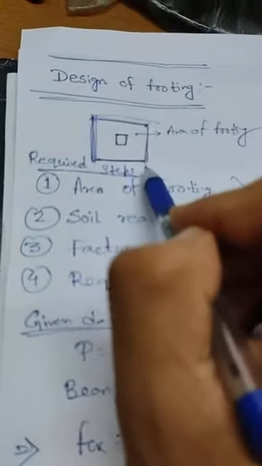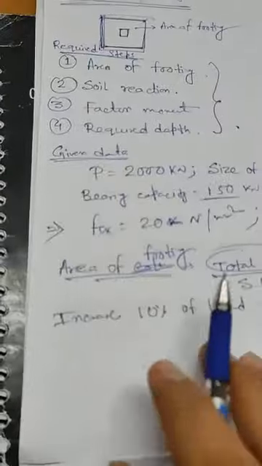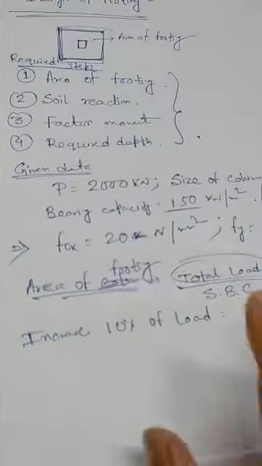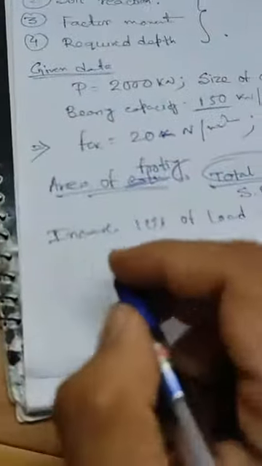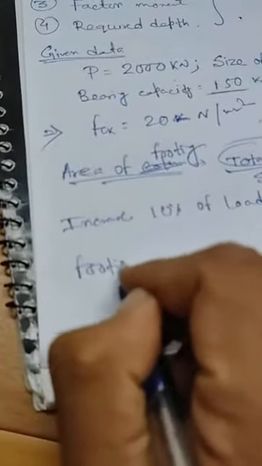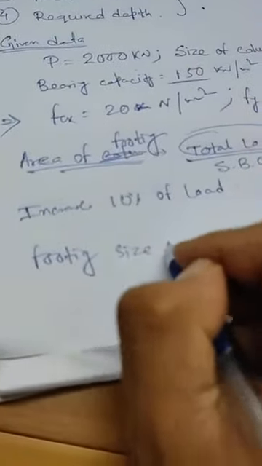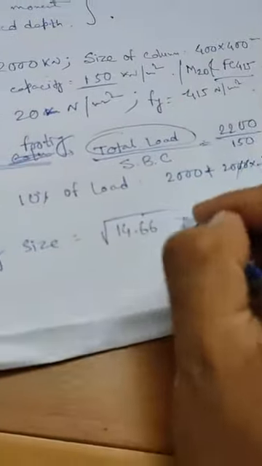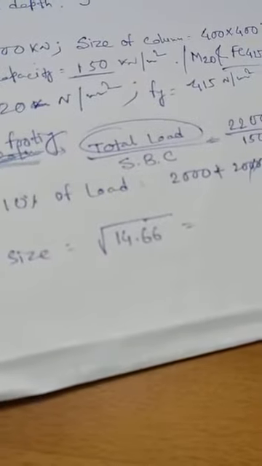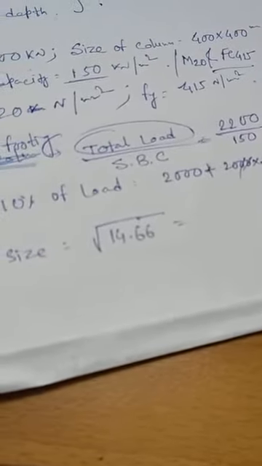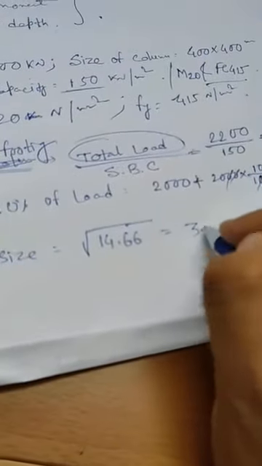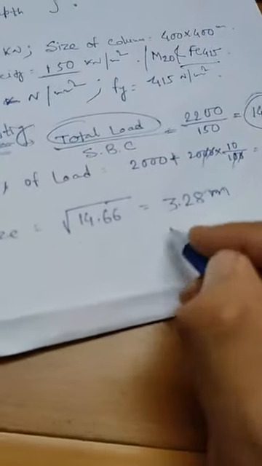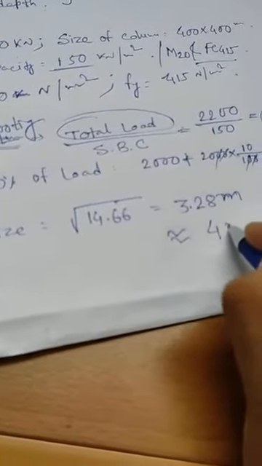Okay, that is 14.66. Now this is a square footing, so from there we can calculate the side of the footing. So footing size would be root over 14.66, which is approximately 3.28 meter. Okay, 3.28 meter we can write as 4 meter approx.